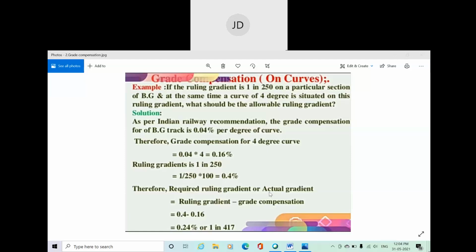Gradient is given in terms of slope, right? It is represented as 1 in n. I already told you.